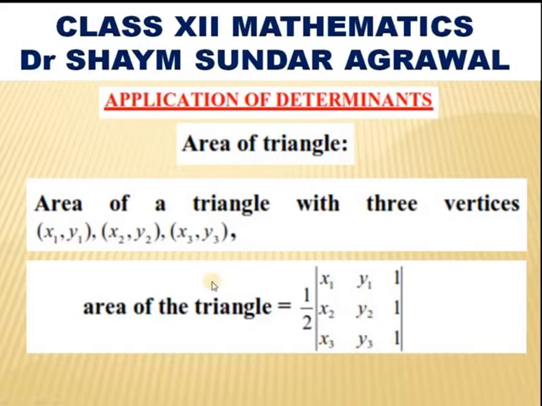So the x coordinates are written in the first column, the y coordinates in the second column, then 1, 1, 1, and the determinant of this is taken into half. And we know area can never be negative, so this determinant must always be positive.